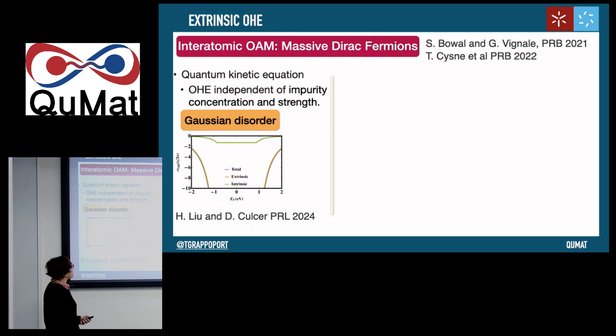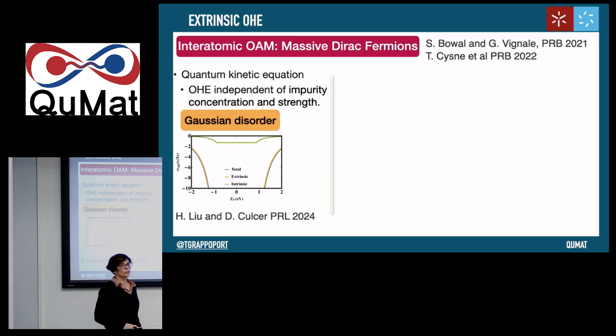Well, I was talking about disorder, so we need to look at disorder in a little bit more detail. One important aspect is that it was proven many years ago that in some systems, depending on the symmetry, if you calculate the effect of disorder, you can actually cancel out the spin Hall conductivity.